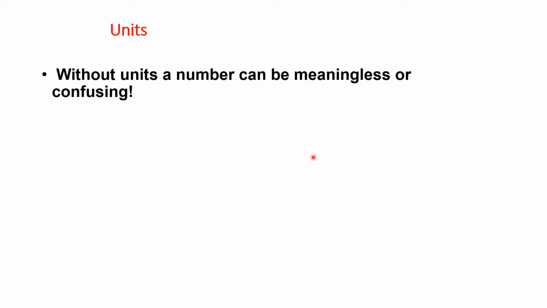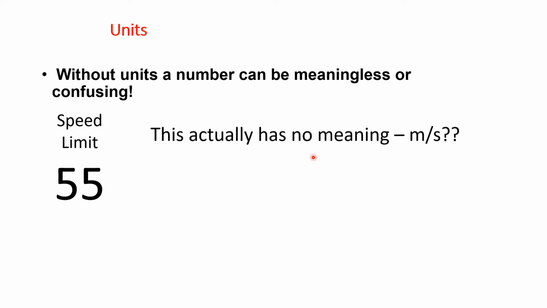I actually saw a sign that said this, and I resisted the urge to drive back and forth in front of this sign in order for somebody to give me a ticket so that I could go fight it. I didn't do that, but this sign has no meaning. Speed limit 55. Well, 55 watts?